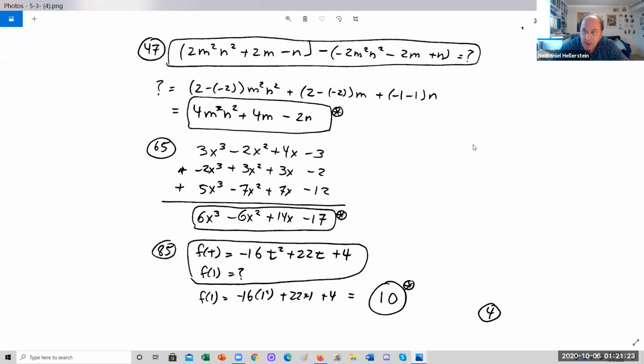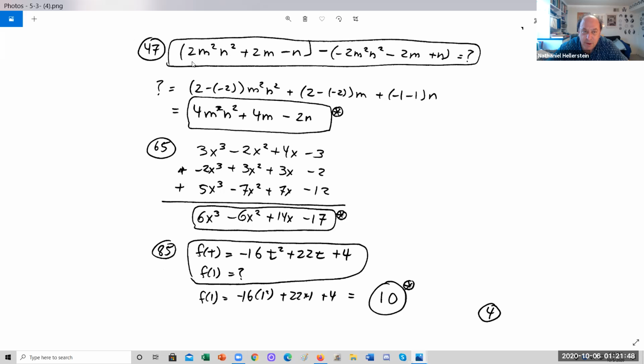And all right. Now, 2m squared n squared plus 2m minus n, all that minus negative 2m squared n squared minus 2m plus n. Now, since we're subtracting, we'll get a double negative for this and a double negative for that, and then there'll be a single negative for that. We have an m squared n squared here, and here's another m squared n squared.